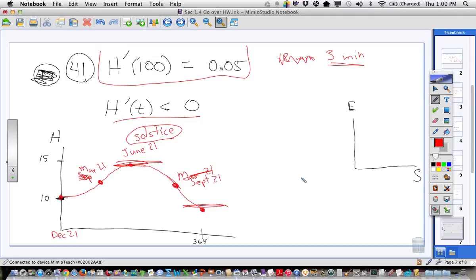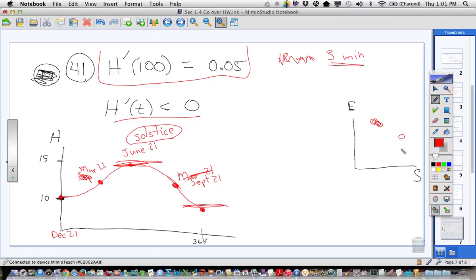So I want to draw that movement of the sun. If we started on June 21st at 10 a.m., we may see the sun right up there, pretty high. But every day it's moving a little bit this way, right? And by December 21st, it might be exaggerated, but it's farther down in the southern sky.